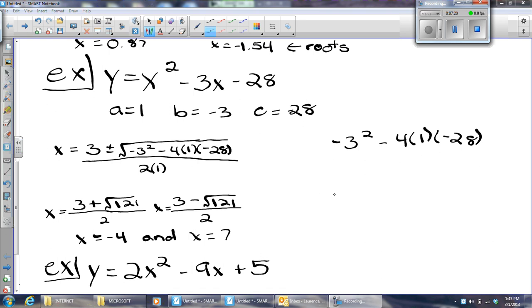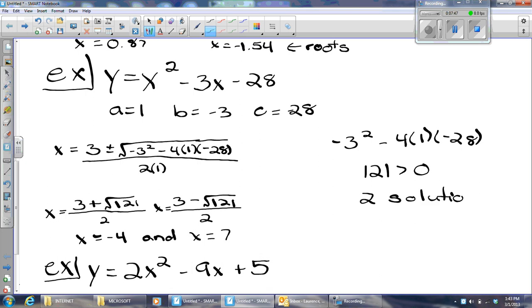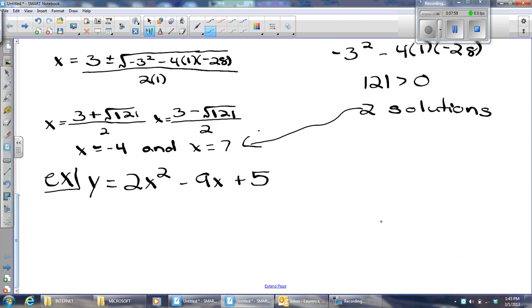When we evaluate this, we get a positive 121. 121 is greater than 0, which means we have 2 solutions. So we know we didn't make a mistake anywhere, because here we did get 2 solutions. Okay, let's try one more example.